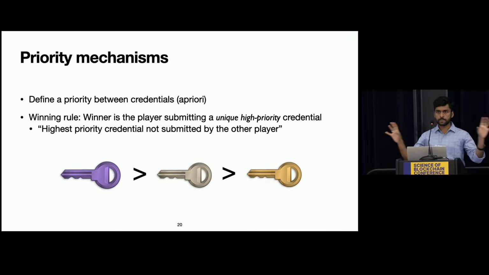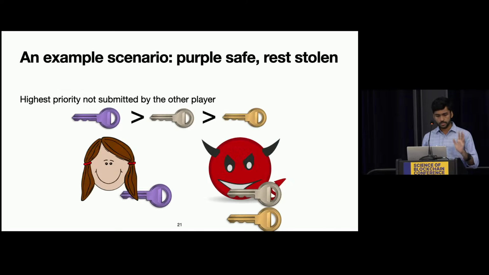Essentially, if both parties submit a bunch of credentials, we're going to remove all the credentials submitted by both parties, and then look at the unique credentials, see which one is the highest priority one, and mark them as the winner. Just to go through an example, let's say that this is the priority, and maybe the user submits the purple credential, whereas the attacker submits the remaining 2 credentials.